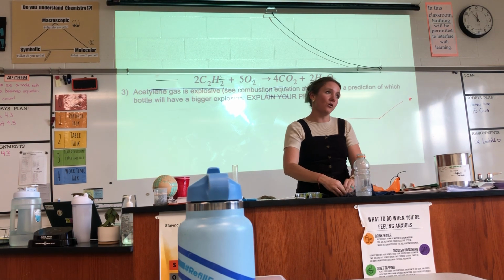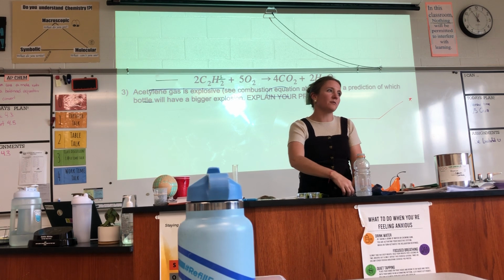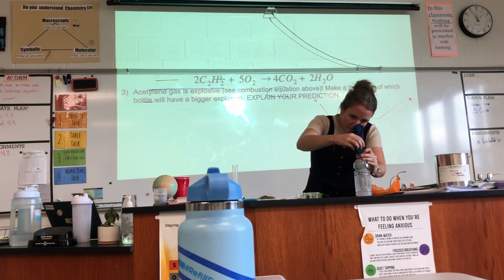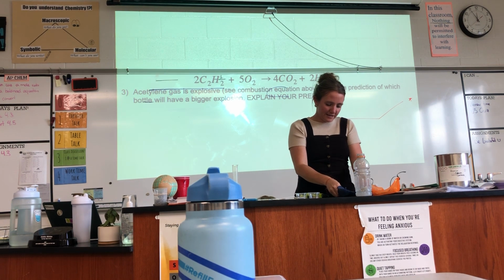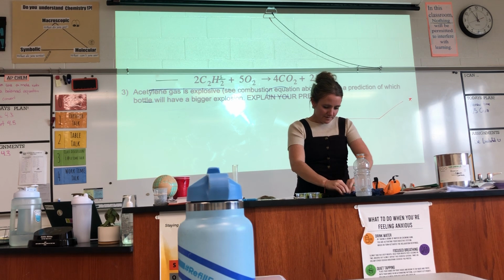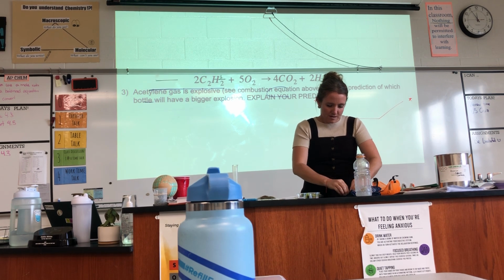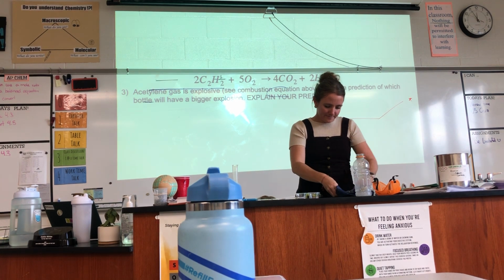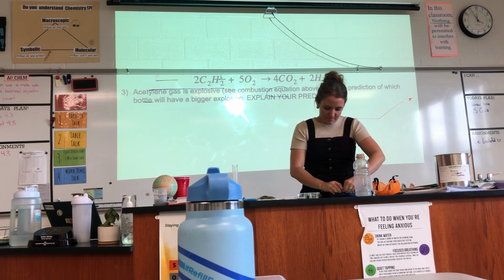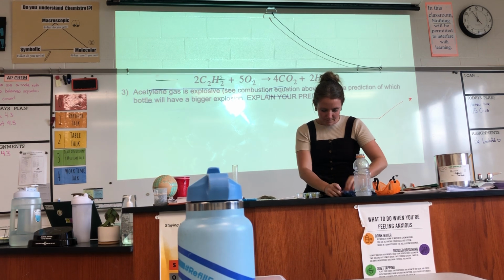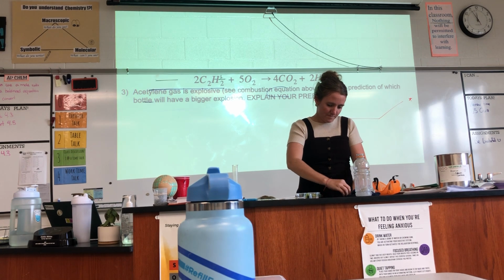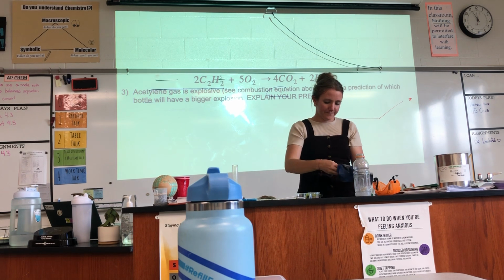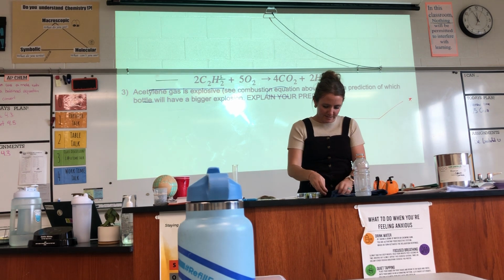Some of it will escape through the hole, but it's small enough that we shouldn't lose all of it. Still a little loose. I don't know why it's not being the right dimensions I want.